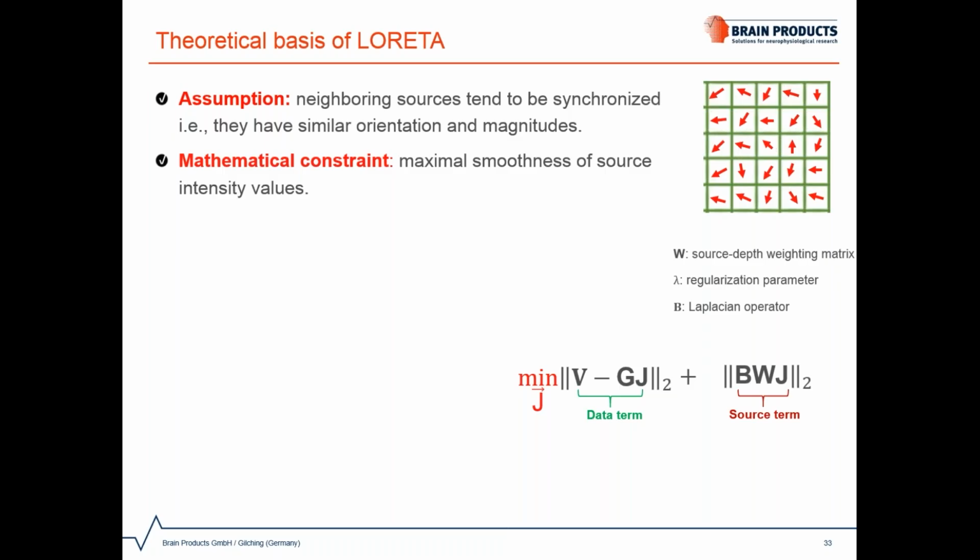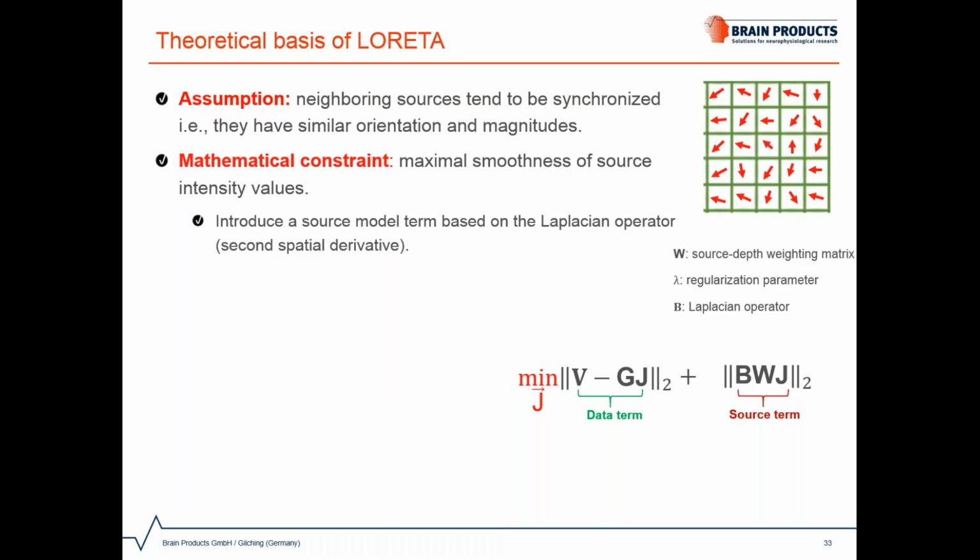This source term basically imposes constraints on the sources, that is, the source J is multiplied by a depth weighting factor W in a way where larger weights are assigned to deep sources to better localize them. Moreover, these weighted sources are multiplied by a discrete Laplacian operator B that expresses the smoothness in the source distribution.